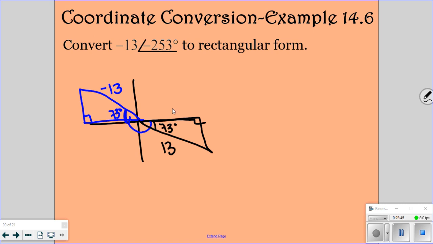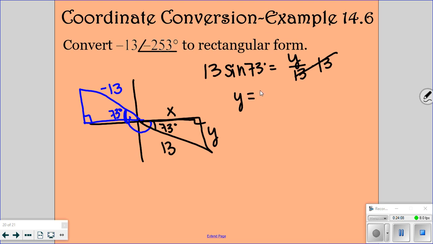And it's okay if it's not to scale. And then we use sine and cosine to find our x and y values. So if I do the sine of 73, that's going to be y over 13. So I'm going to multiply by 13 on both sides, and that'll give you 12.43. And then if you use cosine, you're going to have x over 13.